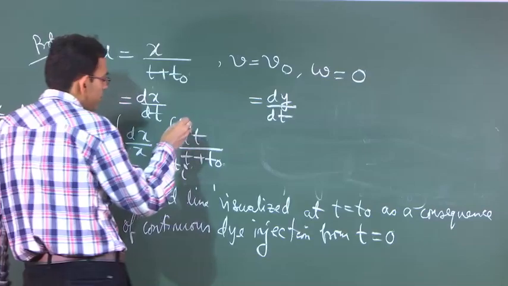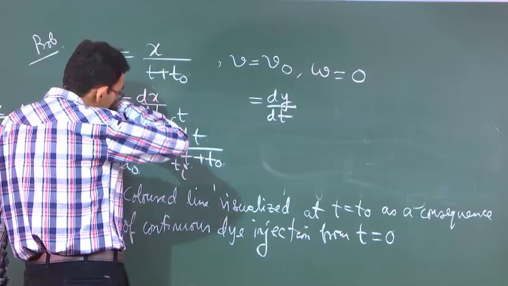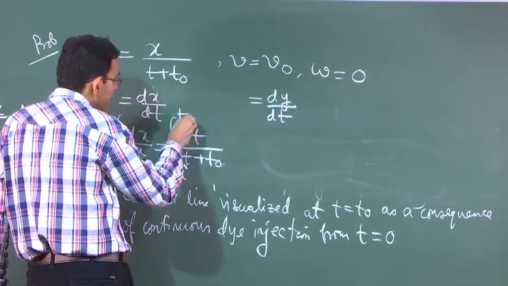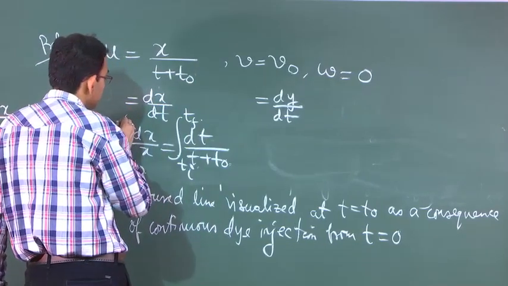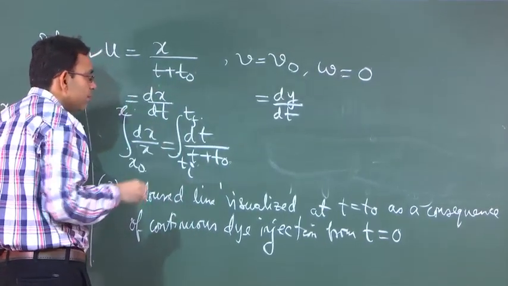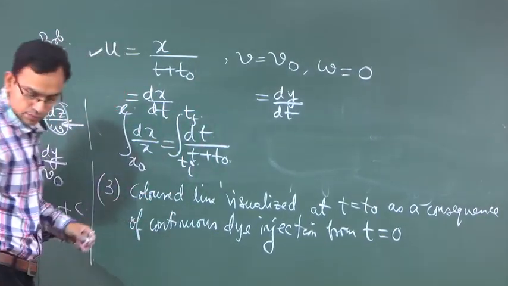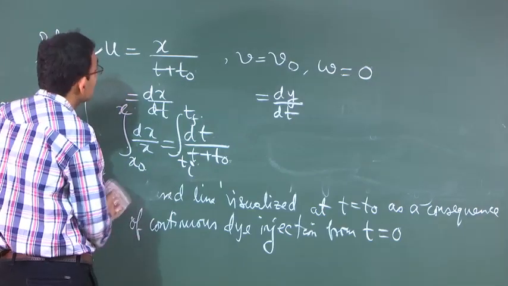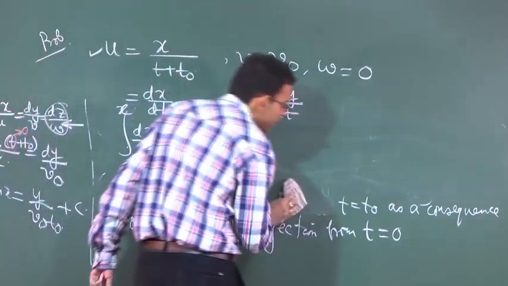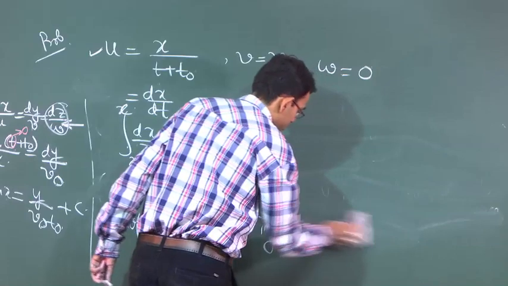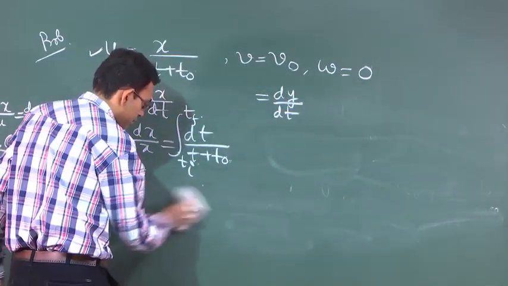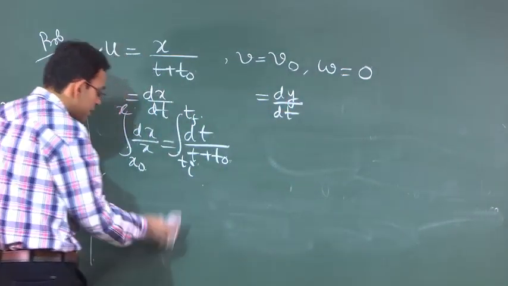The final time is t, which is fixed, tf, and final position is x. So, this is the part 3 we are solving. I am erasing the problem description part.